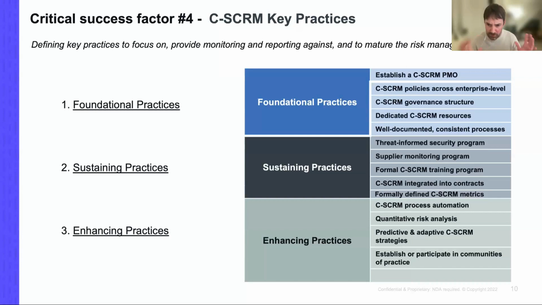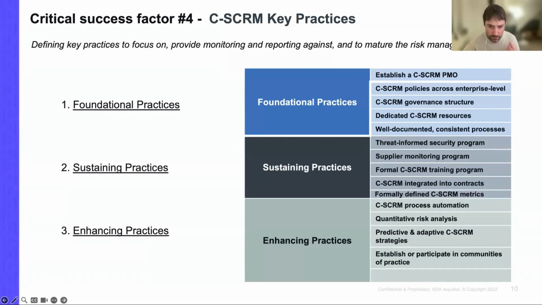So it's about establishing that core, dedicated, almost multidisciplinary approach and project office and team that has that governance and starts to set the scene in terms of policy, process and structure. What 161 then goes on to is looking at, well, how do we then sustain those practices that we've developed from the outset?